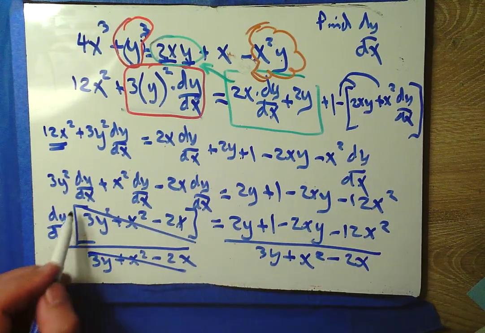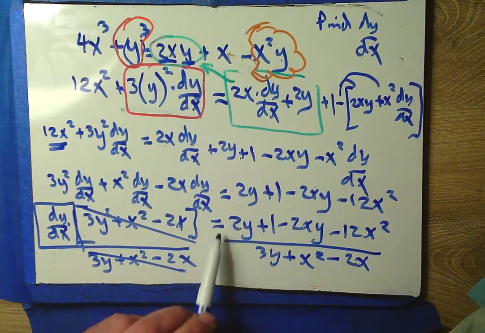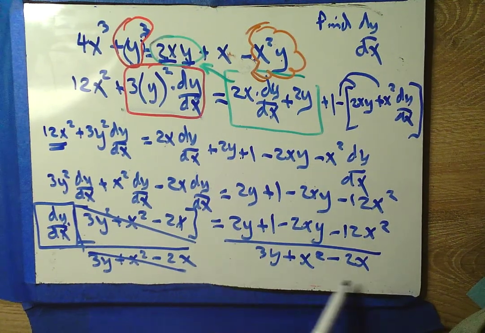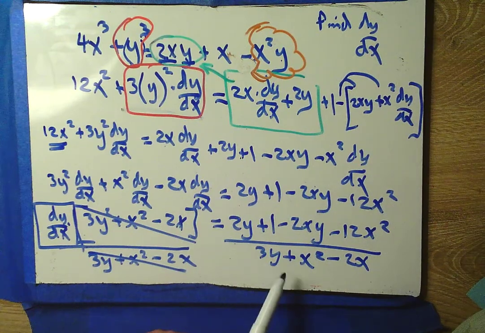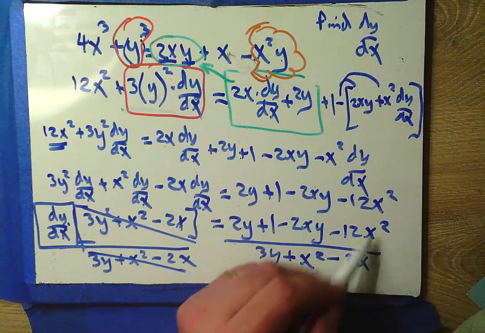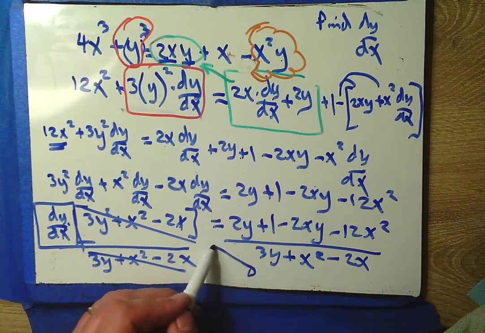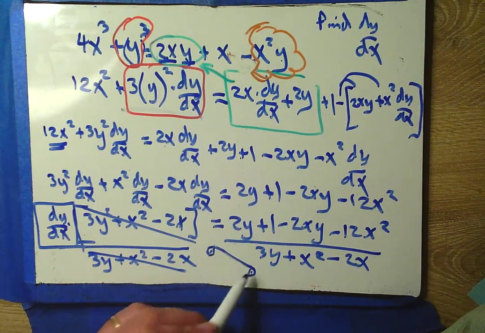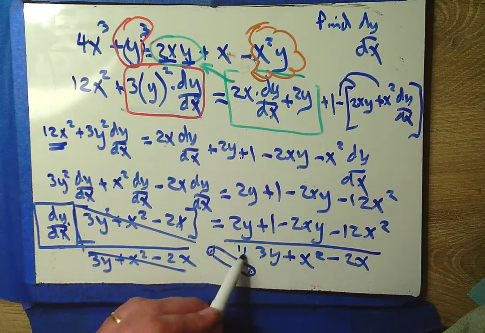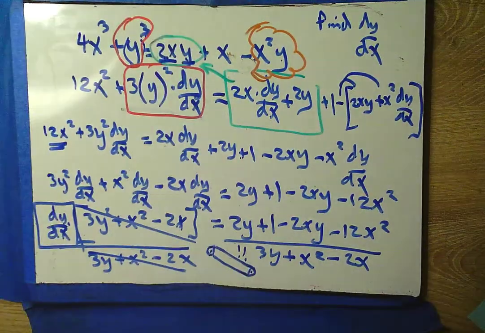These will cancel. I'll have dy/dx by itself, and all this stuff. I don't see any like terms to combine on top or on the bottom, and don't you dare cancel these y's or these x's. That is so pool noodle. No pool noodles. No. Okay, so there's implicit differentiation.